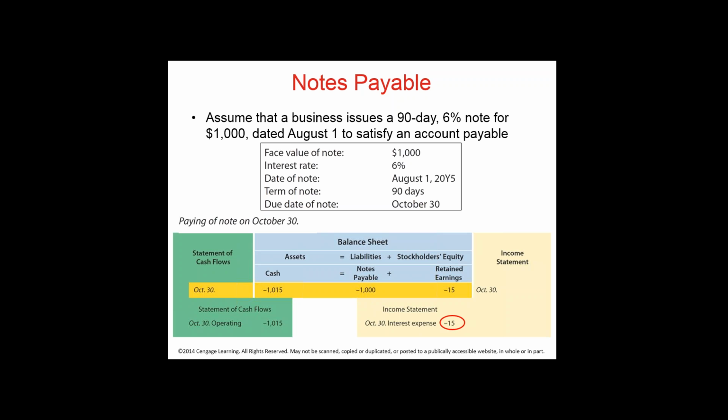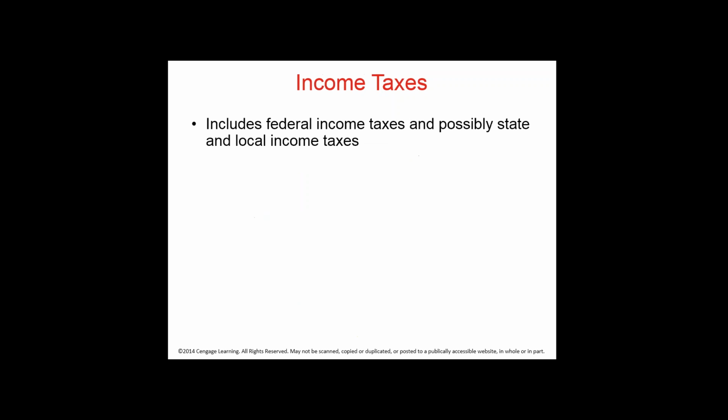But we only need to reduce our notes payable by $1,000. If we only made those two entries, we would have a problem because it is not in balance. So we will have not only reducing our cash, reducing our notes payable, but we're also going to reduce retained earnings by $15 because we're increasing our interest expense. And anytime we increase our expenses, we're decreasing our retained earnings.